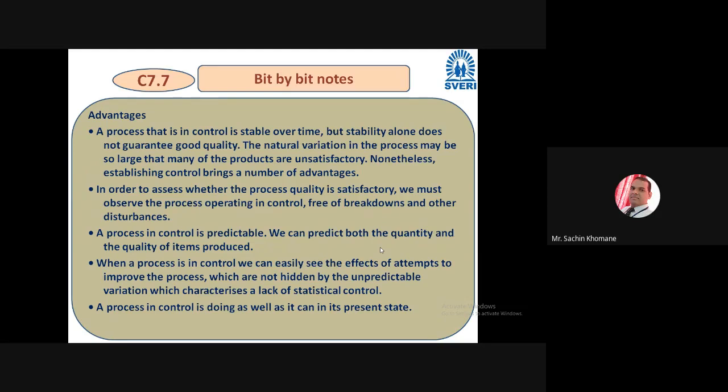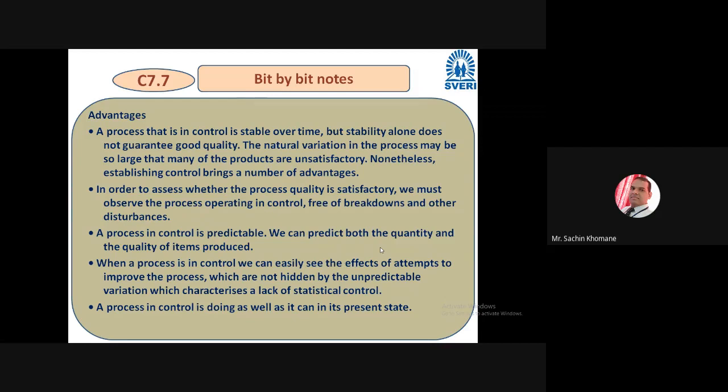Definitely it has so many advantages. A process that is in control is stable over time, but stability alone does not guarantee good quality. The natural variation in the process may be so large that the product may be unsatisfactory.